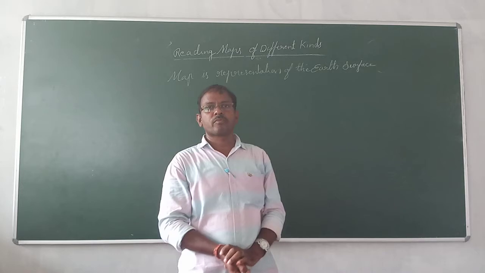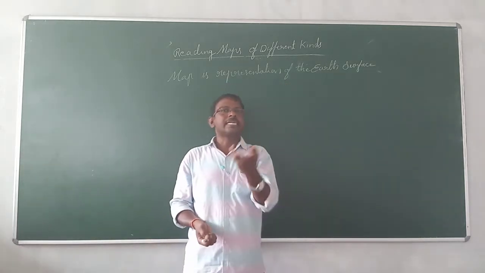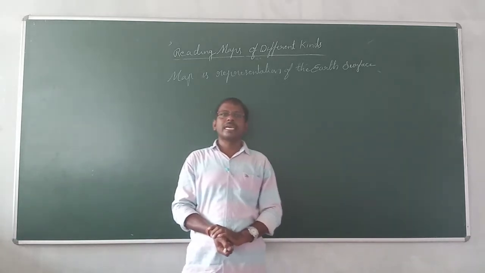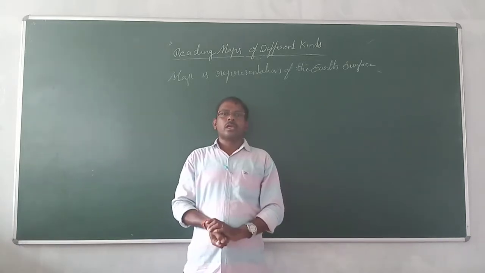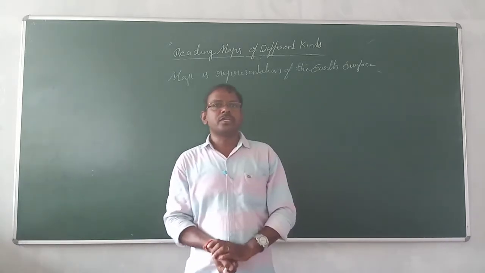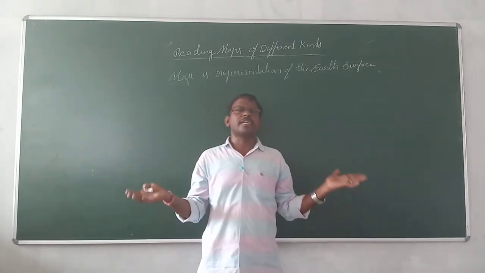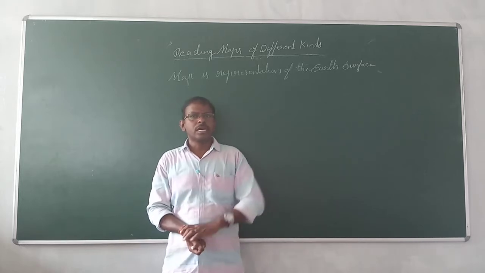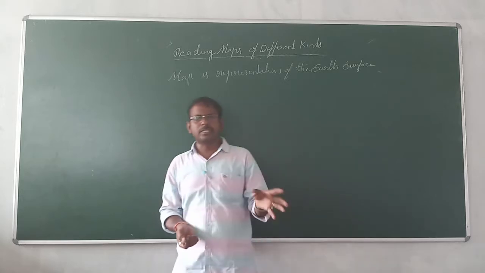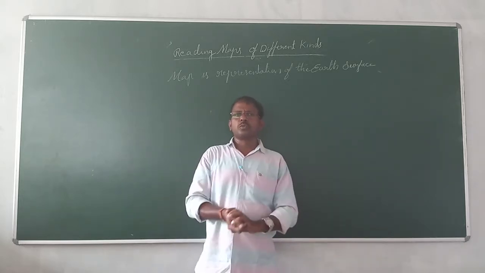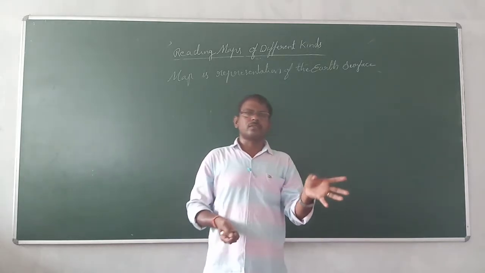In that, mainly one kind of map, the physical map, we'll discuss. Actually, the world in which we are living has so many varieties: mountains, hills, plains, plateaus, forests, snow covered lands, rainfall areas, temperature areas.